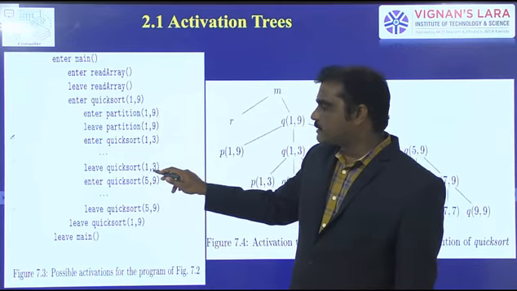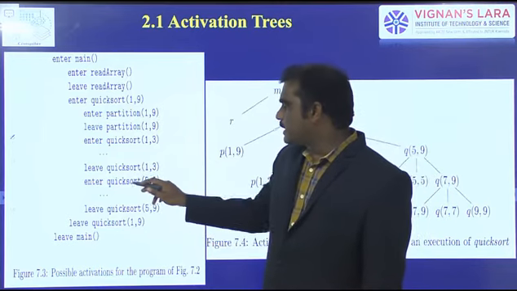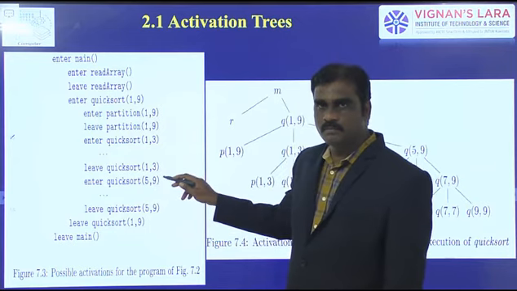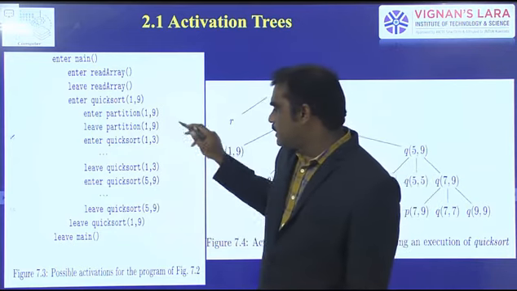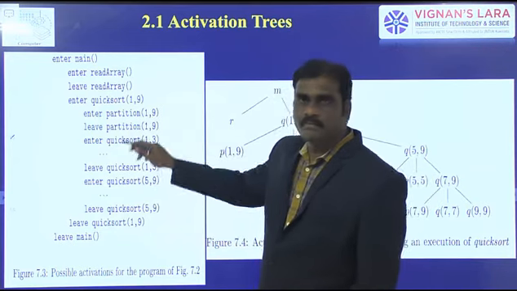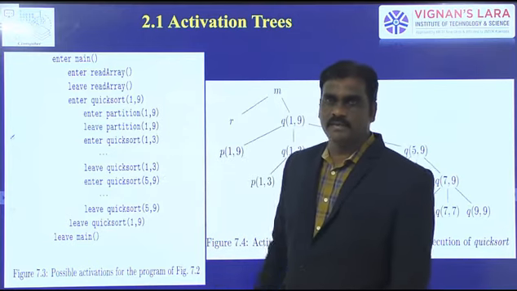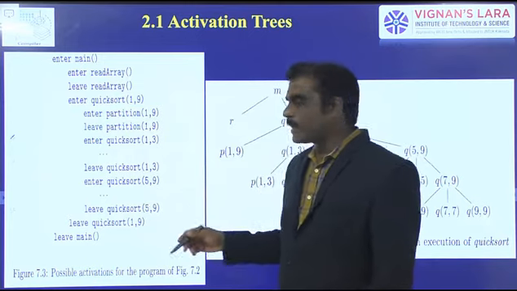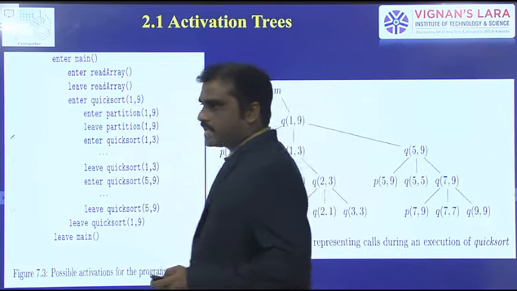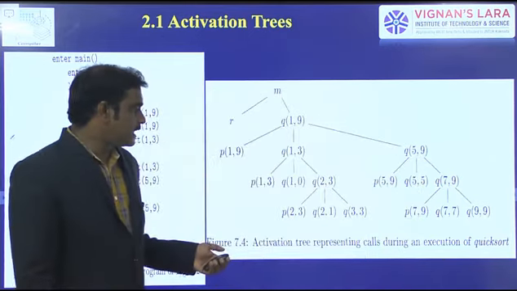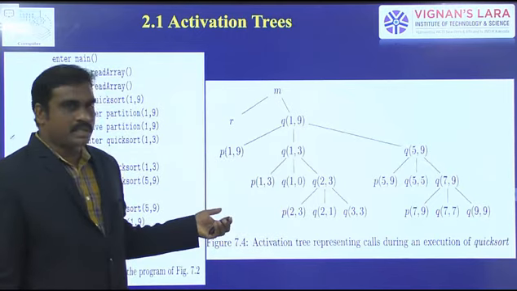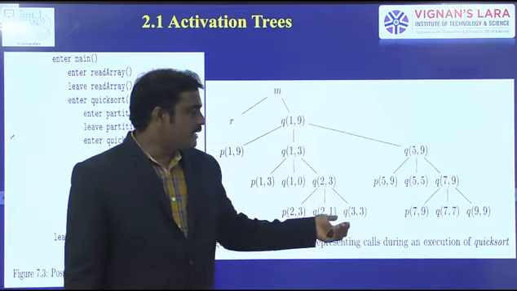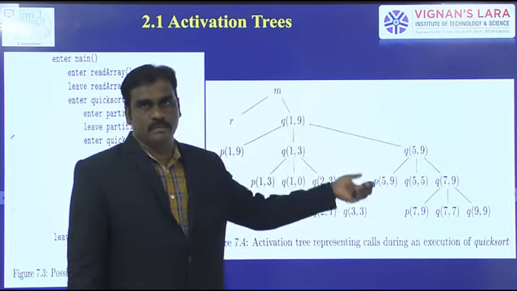Same way, leave quicksort 1, 3. Enter again quicksort 5, 9. Like that, these are the activations of the quicksort program. Now, by using this, we can draw the activation tree representing calls during the execution of the quicksort program.